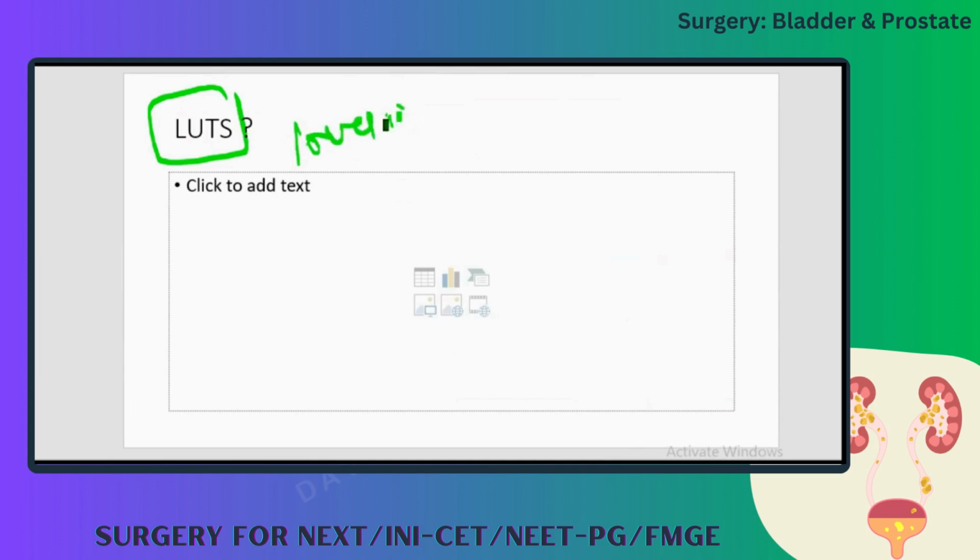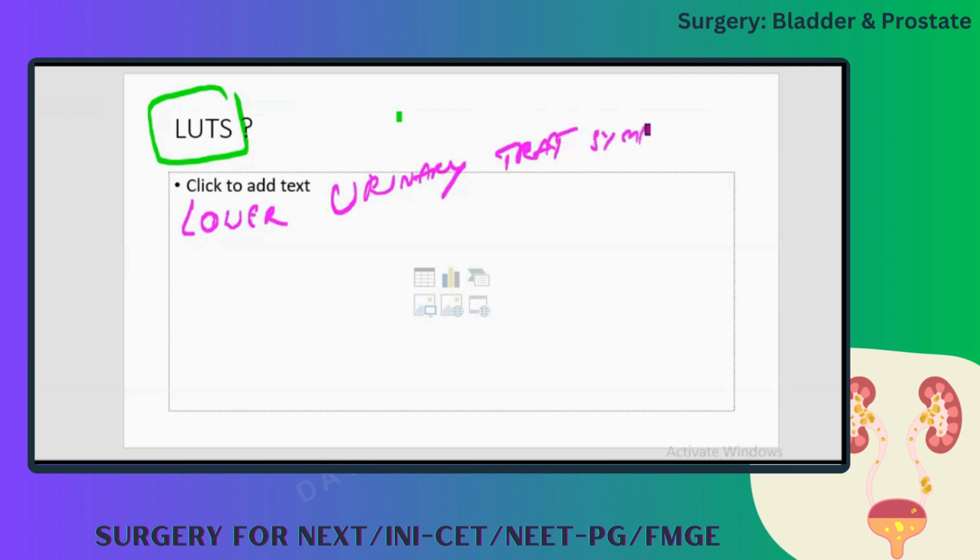Lower urinary tract symptoms. Sorry. Okay.